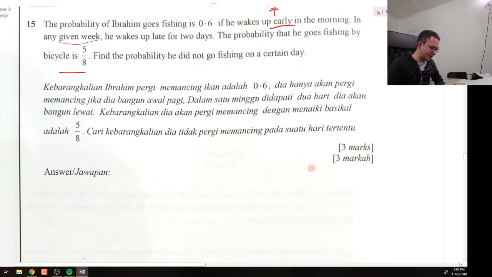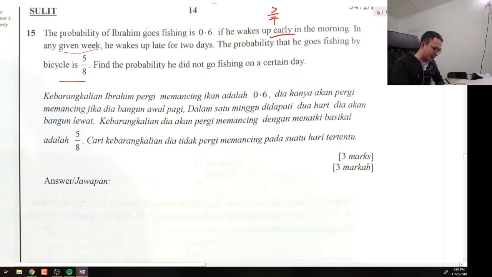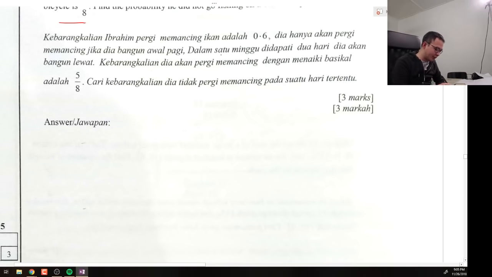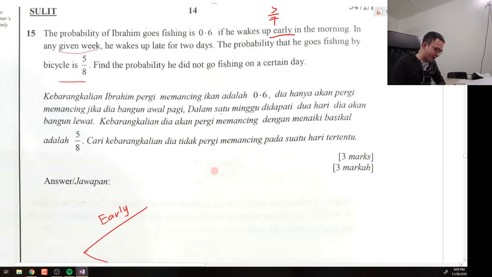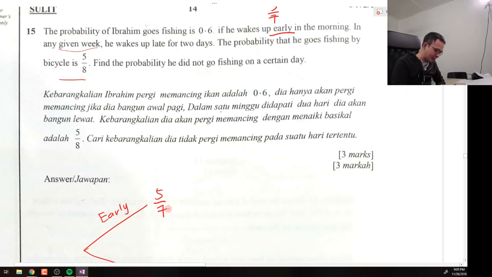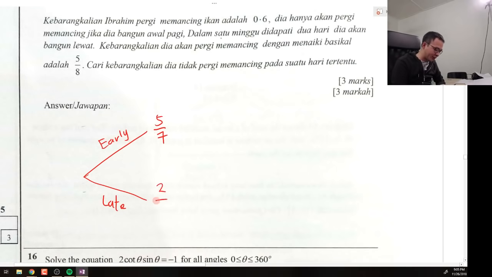Alright, so this one, the easiest way: there's so much information, how do we start? Ibrahim goes fishing with probability 0.6 if he wakes up early in the morning. So I will first show he wakes up early and late. Just now I said early is 5 over 7, and waking up late will be 2 over 7.